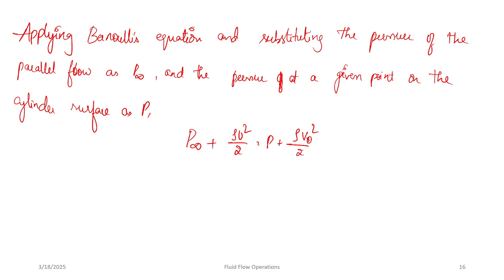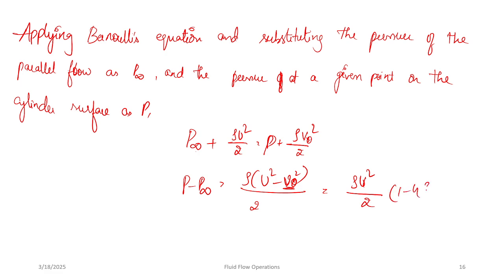Okay, so if you bring pressure terms to one side, it becomes P minus P infinite is equal to rho into (u square minus v theta square) by 2. Substituting the value for v theta, that is 2u sin theta, this becomes rho u square by 2 into (1 minus 4 sin square theta).